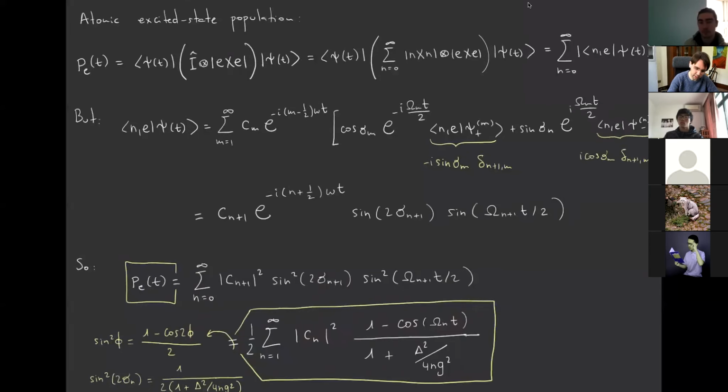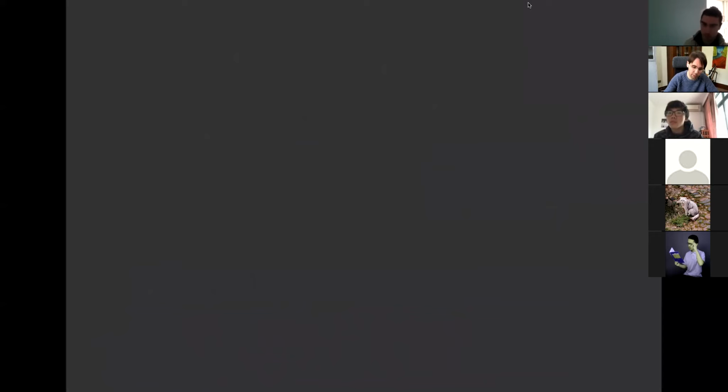Remember that this expression is completely general in the sense that the cavity field is still allowed to be in any pure state, whatever pure state you want. You start with the cavity in any pure state. Then we get this expression, but now we can particularize to some specific initial states.